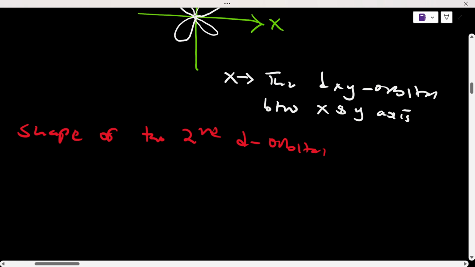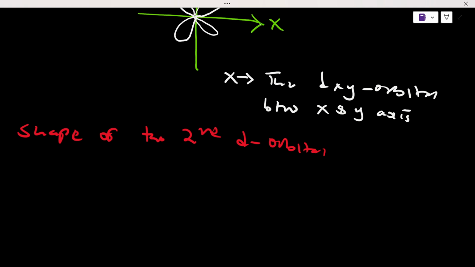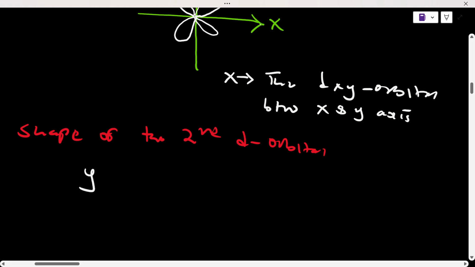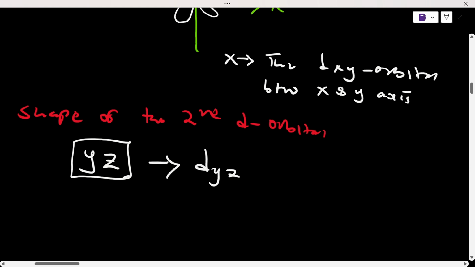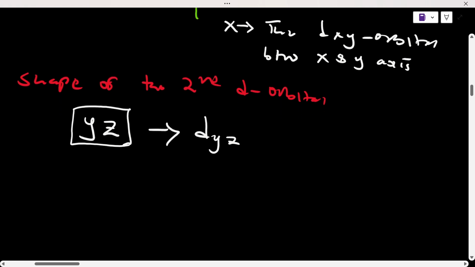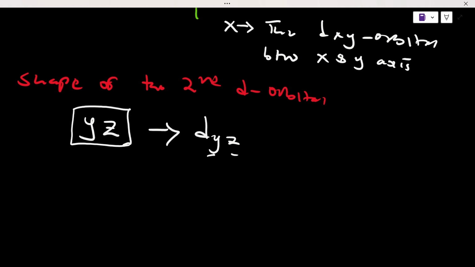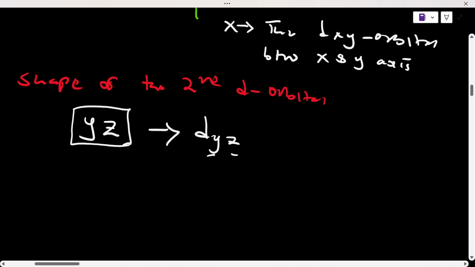And the second d orbital, we said, is taking the y and z axis. When that happens, we are going to call it the dyz. So it means that I'm only going to use the y and z axis. So that's what I'm going to draw.